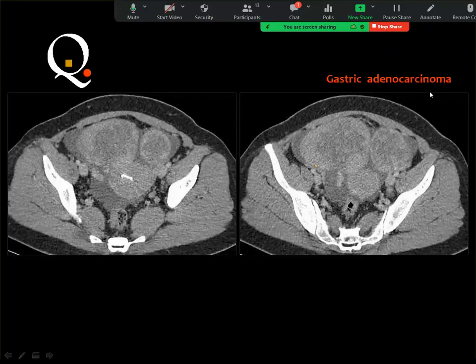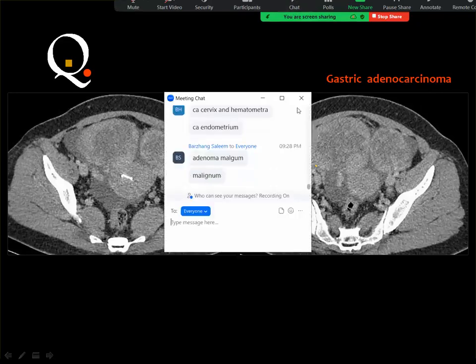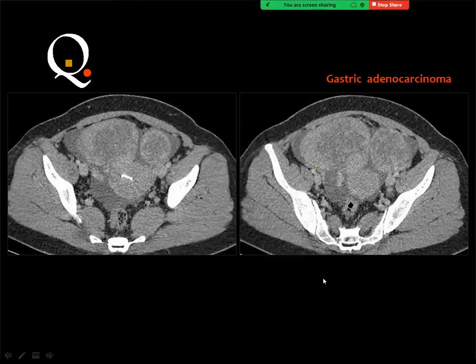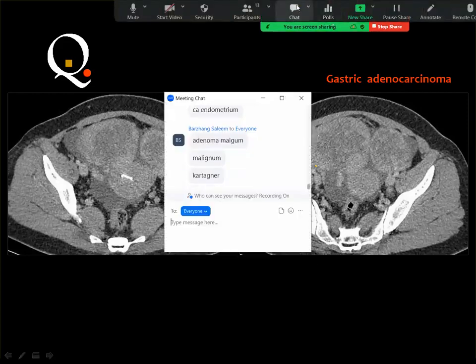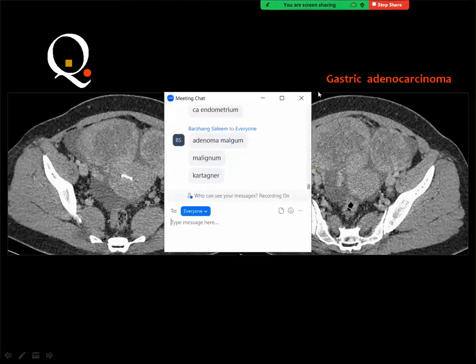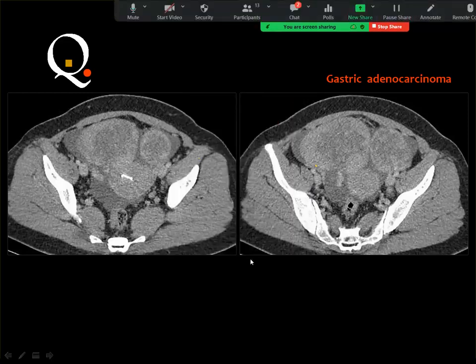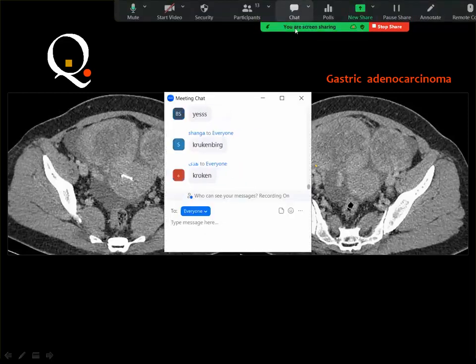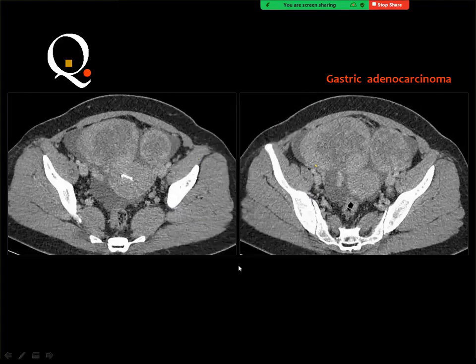Next case, a patient with gastric adenocarcinoma. I think you mean that this is a Krukenberg tumor. Krukenberg tumor, and these are metastatic deposits in the ovaries.